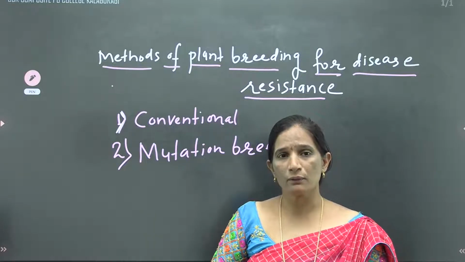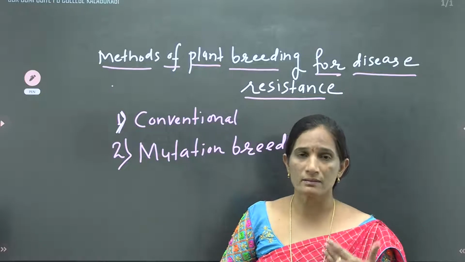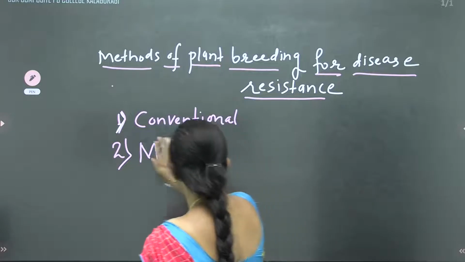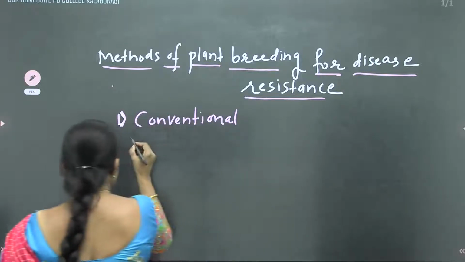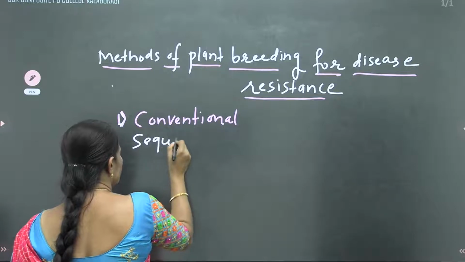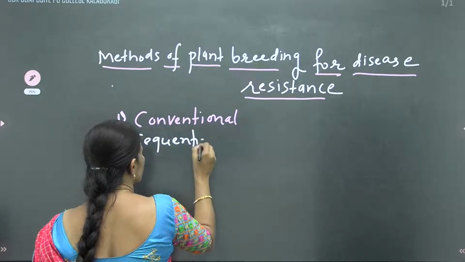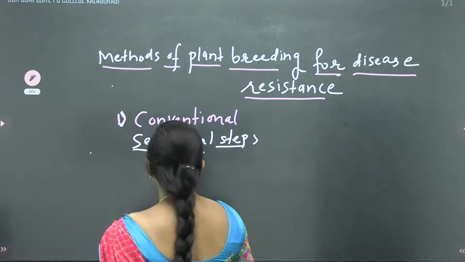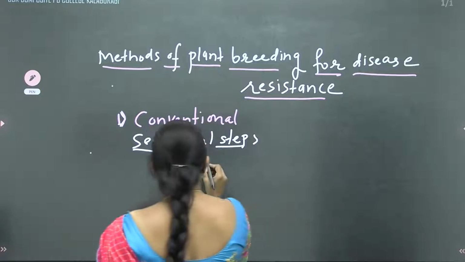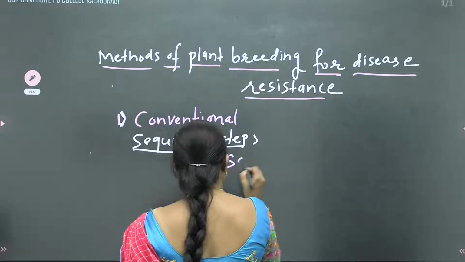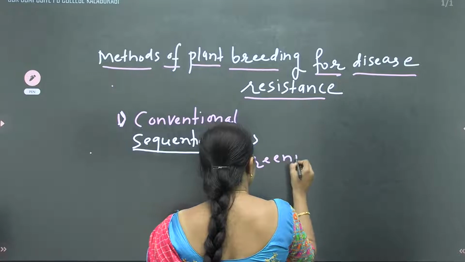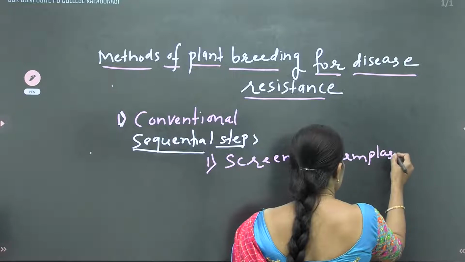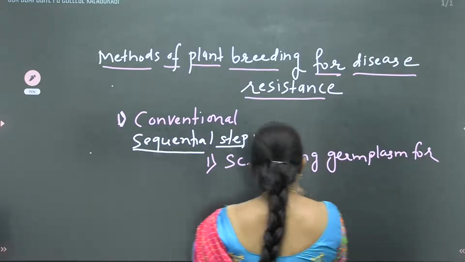So here we are going to study the sequential steps of conventional breeding. The first one is screening germplasm for resistant source.